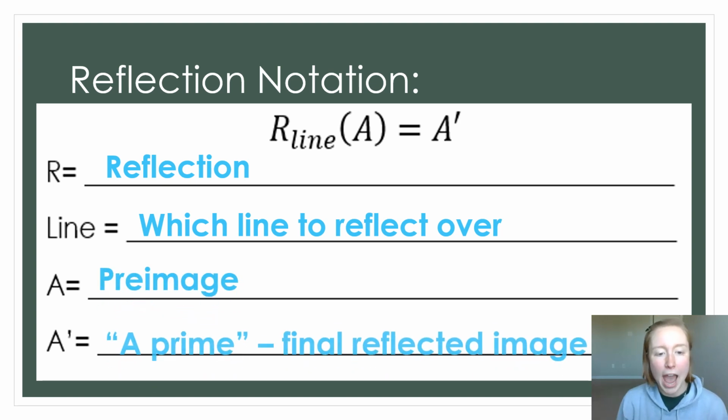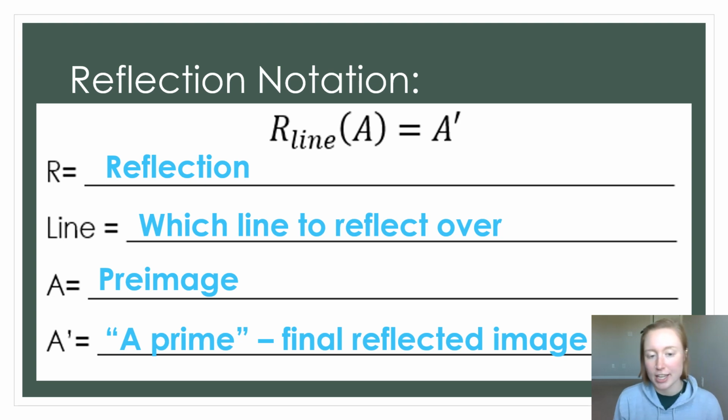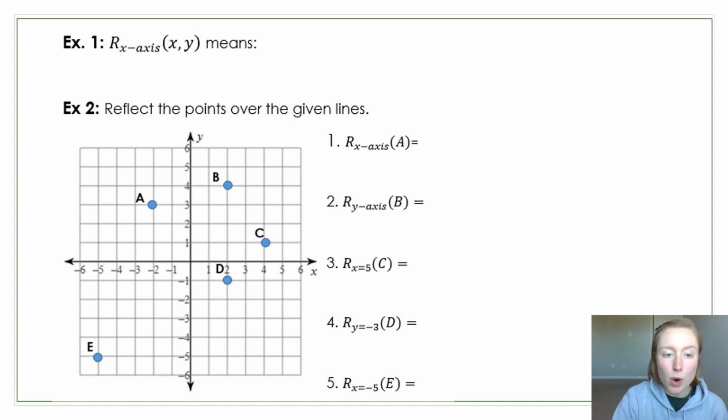Obviously from yesterday, A and A prime are the pre-image and the image, so the starting point and the final reflected image. But again, sometimes mathematicians will leave off parts. So in example 1, it asks what is meant by capital R, x-axis, and x, y.